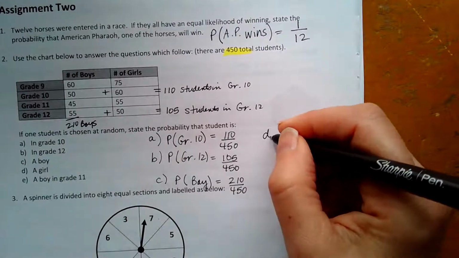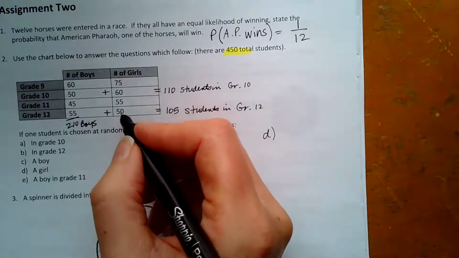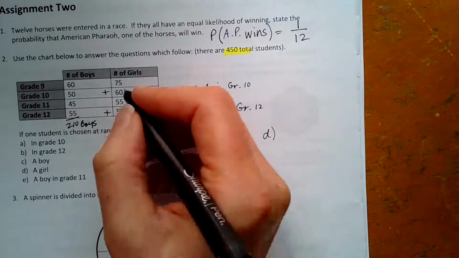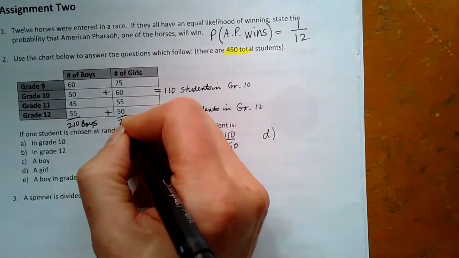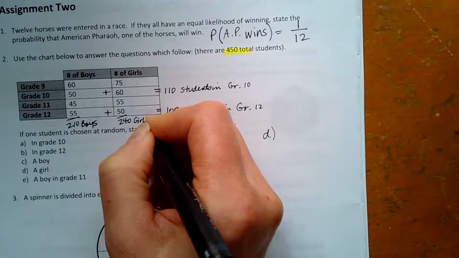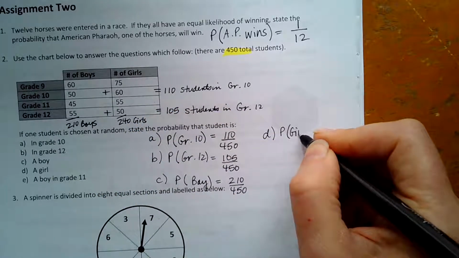And then D, the probability it's a girl. Let's see, how many girls are there? I can add them up, or I could just subtract from 450. If I add all these up, I get 240 girls. Okay, probability it's a girl.